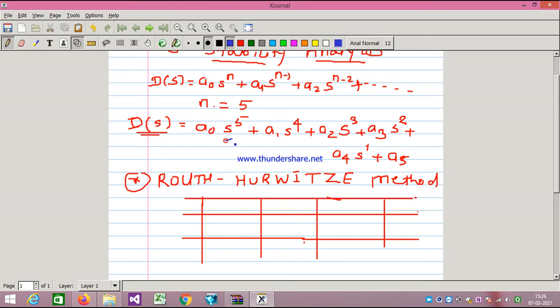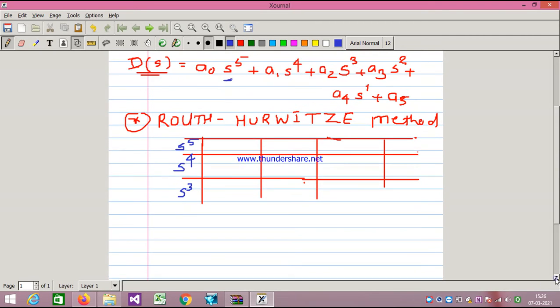So highest degree is s raised to 5, that's why I am using s raised to 5 here, and then lower degree is s raised to 4, then s raised to 3, like this it is going on, right? I'm just extending this because this is the first numerical, that's why I'm going very slowly to understand how to draw the table and how to calculate it.